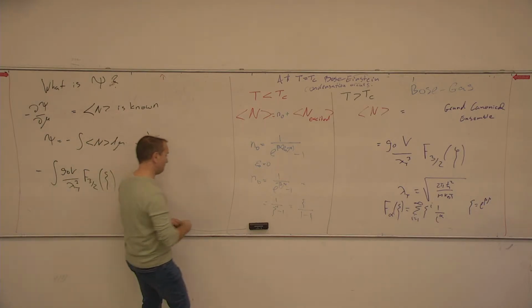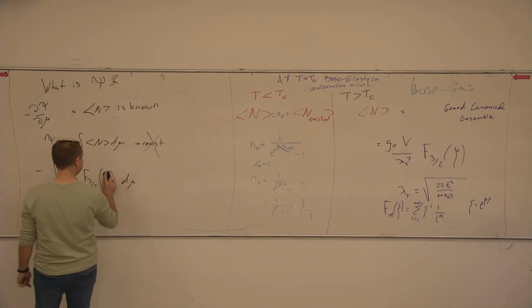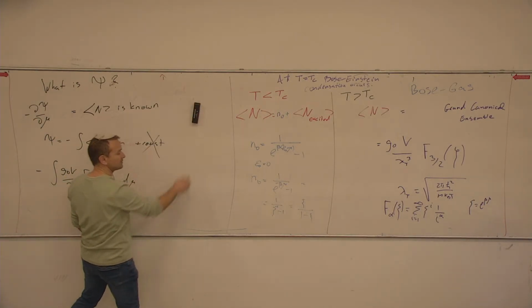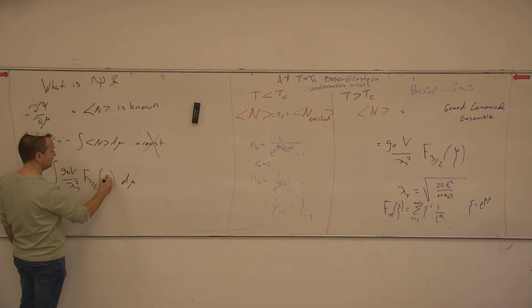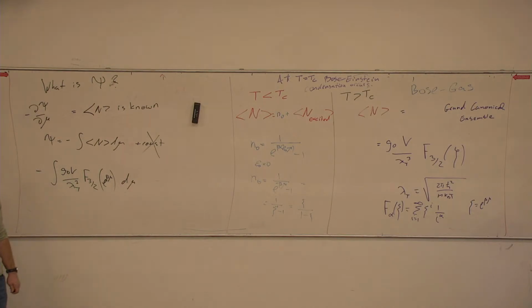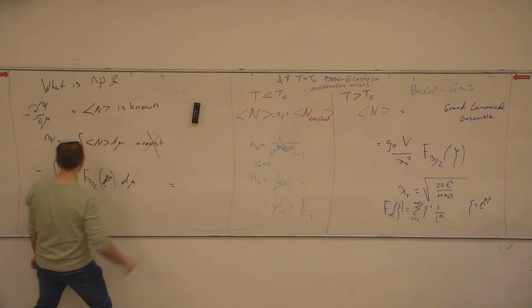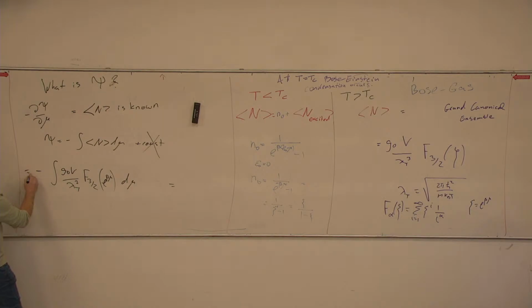Now, it's not the fugacity because we are integrating with mu, so it is e to the power beta mu. Okay, so what do we have over here? So we have minus. Let's take everything out. So we have g0v lambda t to the third and an integral.